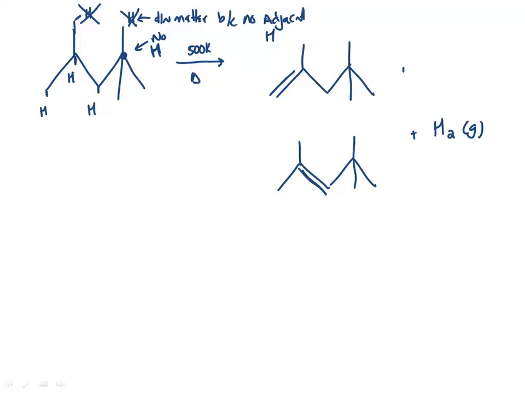This one has the least number of hydrogens, so that's the one that's going to go first. And then this one is secondary. So here I've got a tertiary, a secondary, and a primary. I'm going to take the ones that have the least number of hydrogens, and so this is my most favored product.